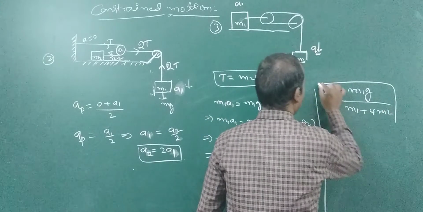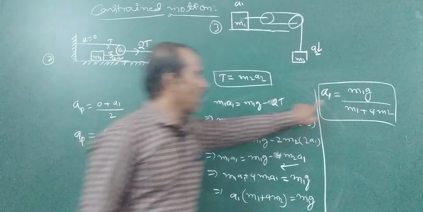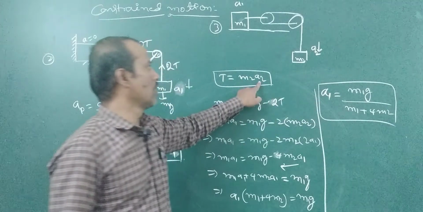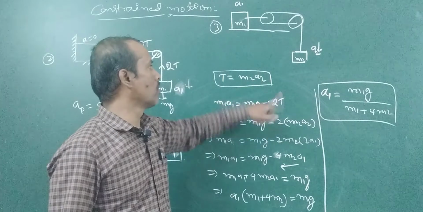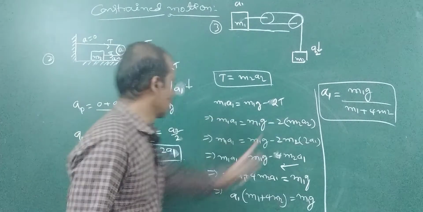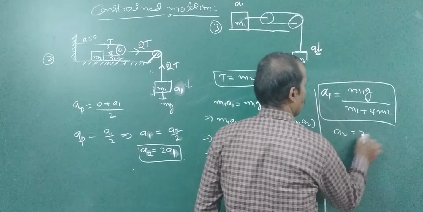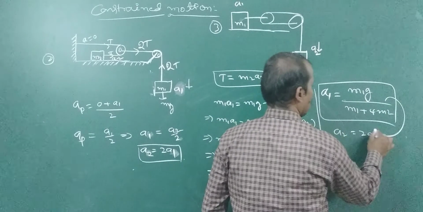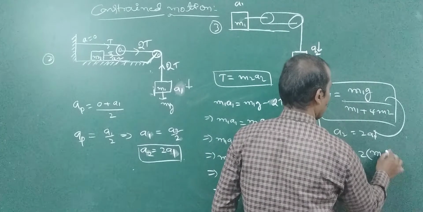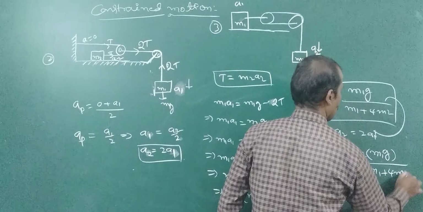Okay, the acceleration of the block M1. After this, substituting this value for A2: A2 is equal to 2 A1. So the acceleration of the block M2 is equal to 2 into M1 g by M1 plus 4 M2.